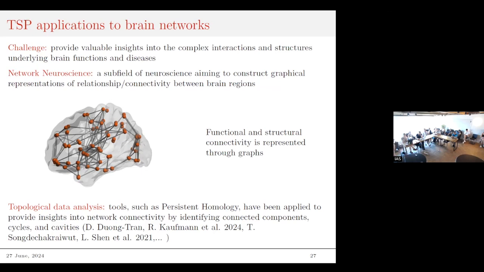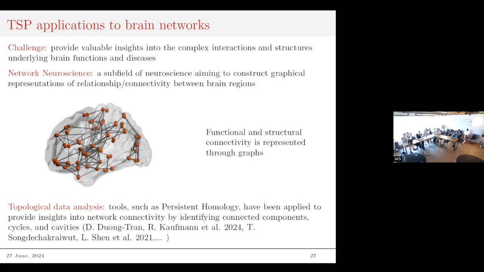There is network neuroscience, which is a subfield of neuroscience. Its aim is to provide the graphical representation of the interaction between brain regions or neurons. But again, in this case, we are using pairwise relations.